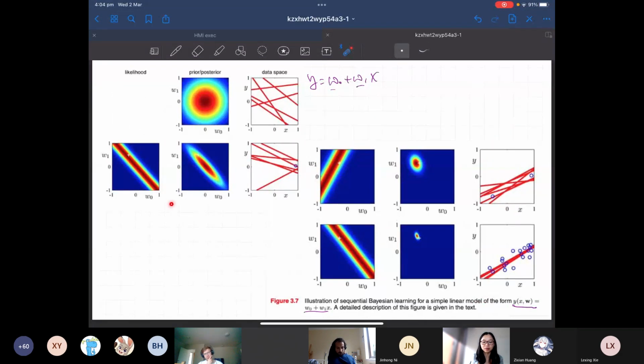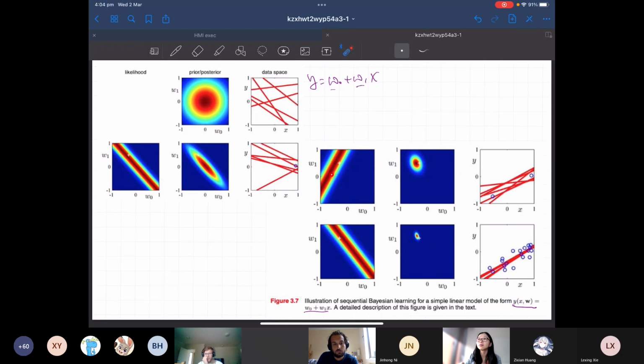It looks like this. The posterior probability of W gets narrowed down a lot. Right, okay, surprise. We get information even from one data point. Now we have 2 data points. So all the lines we sample try to pass through these 2 data points, and the posterior probability of W, again, narrows down a lot.